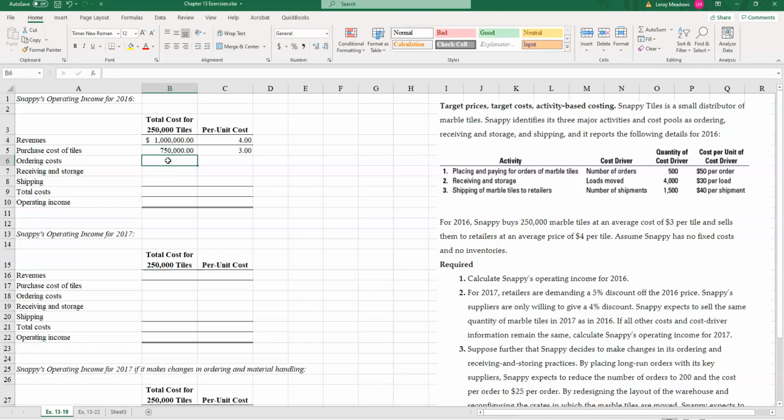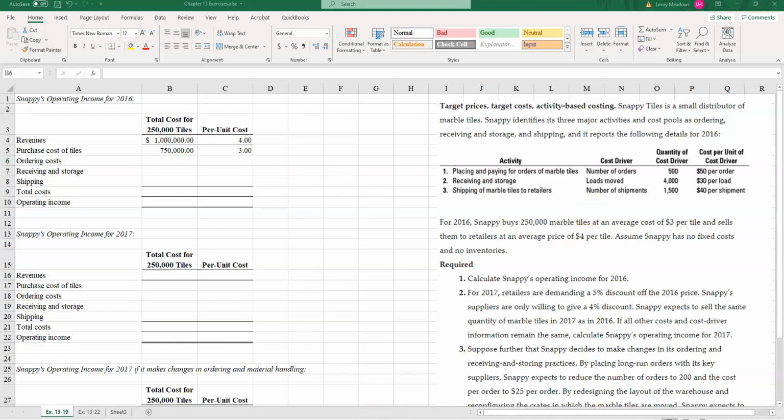Now, what are our ordering costs? We have the three different activities here, so we're going to account for these activities. I want to get these to a per unit basis, but remember with activity-based costing, I need to get the total amount spent and then divide that by the number of tiles I'm going to purchase, 250,000 tiles.